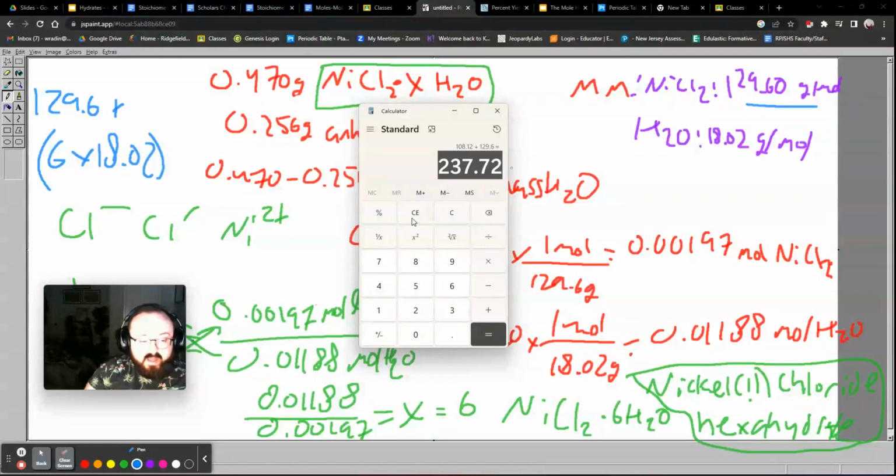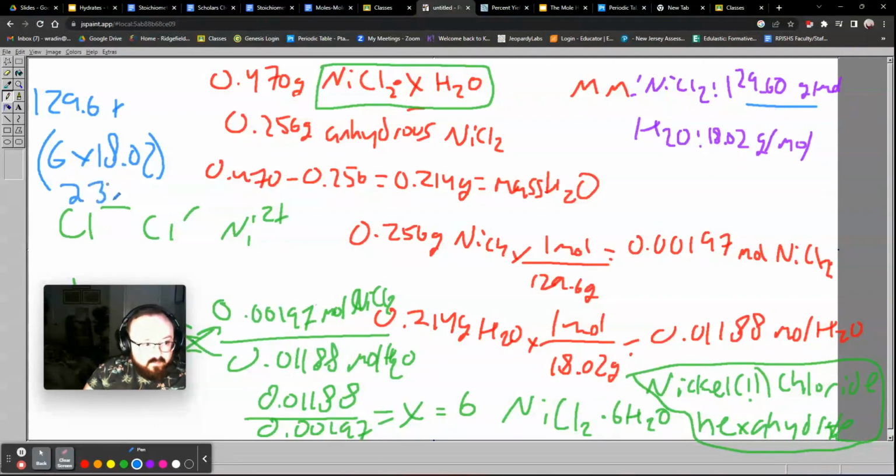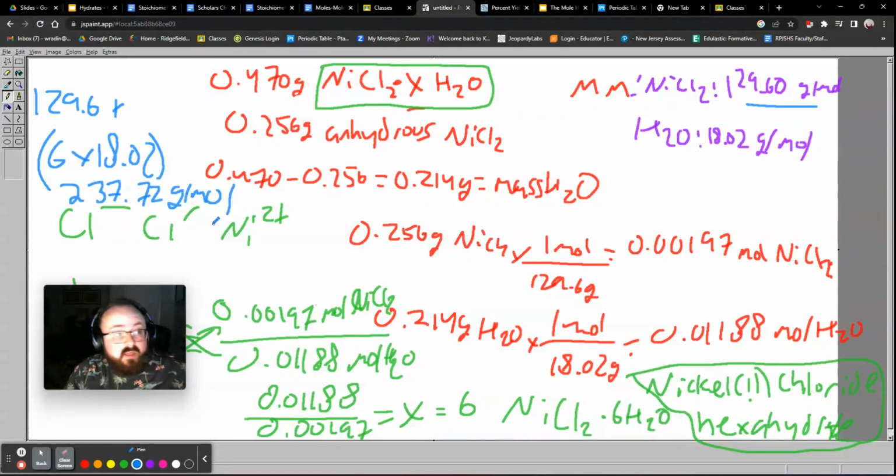So my total molar mass will be 237.72 grams per mole. I mean, I could give you a hydrate in one of the other questions. I can mix and match between hydrates and other stuff. How many moles of this do I have? I can do all that stuff. Nothing's different.